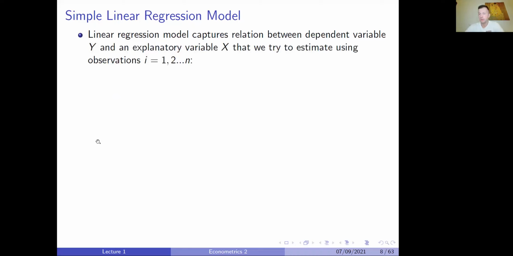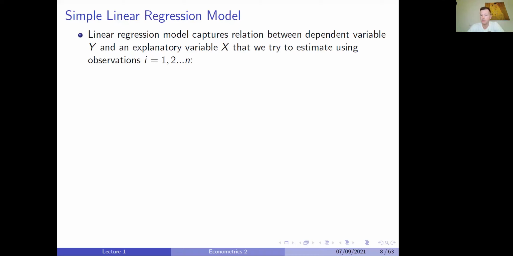And let's start with the most important idea. The fundamental concept of econometrics is the idea of linear regression model. We start with a simple linear regression model, and the idea is the following.